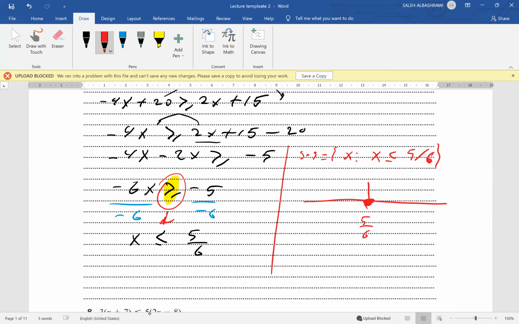Less than means goes to the left. And if we need to write the interval notation, that will be from minus infinity to 5/6. Since we have this sign, which is less than or equal, I will have a closed bracket on this side, 5/6 closed bracket. So the solution will be from minus infinity to 5/6.